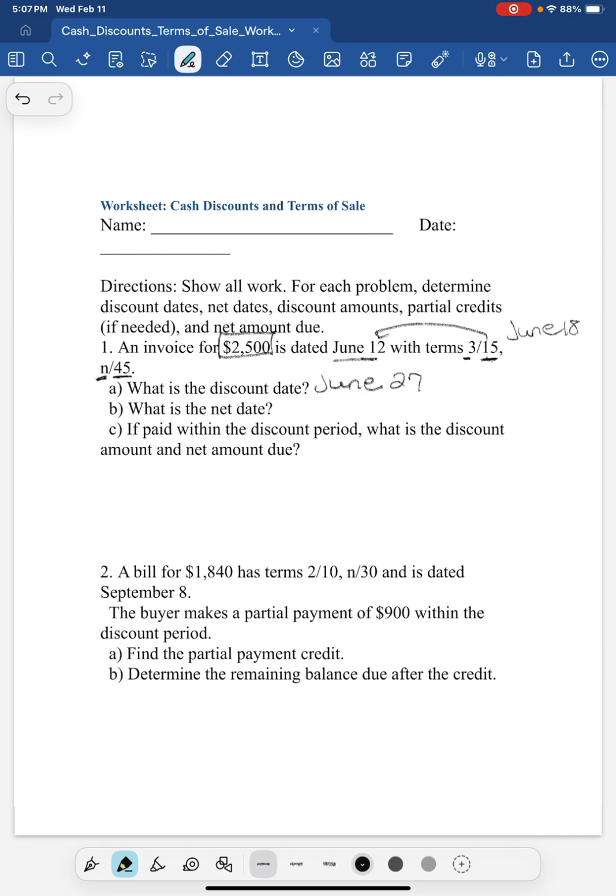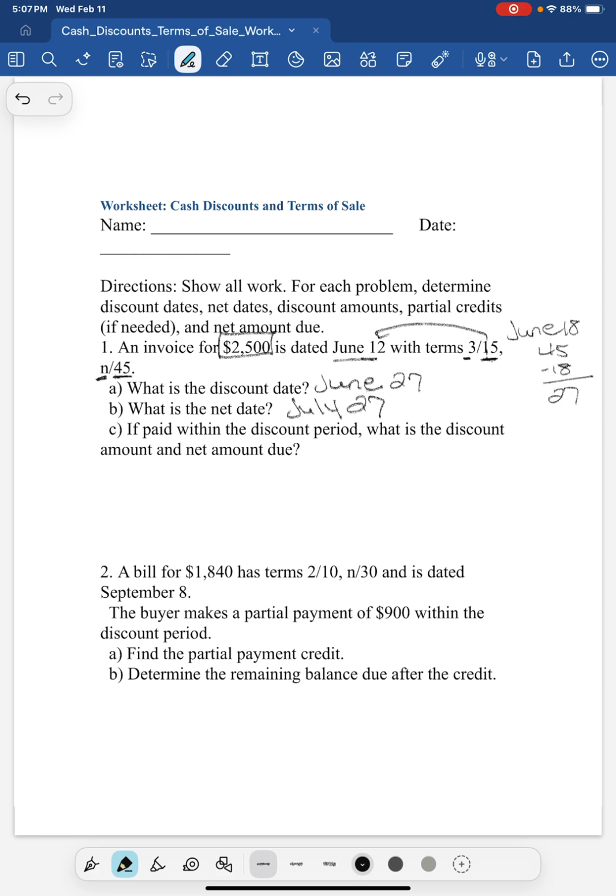So 18 from 45 means you need to get how far into July? 27 days. Which makes sense because this is 30 days greater than this. So basically your net date is 1 month past your discount date in this particular scenario.